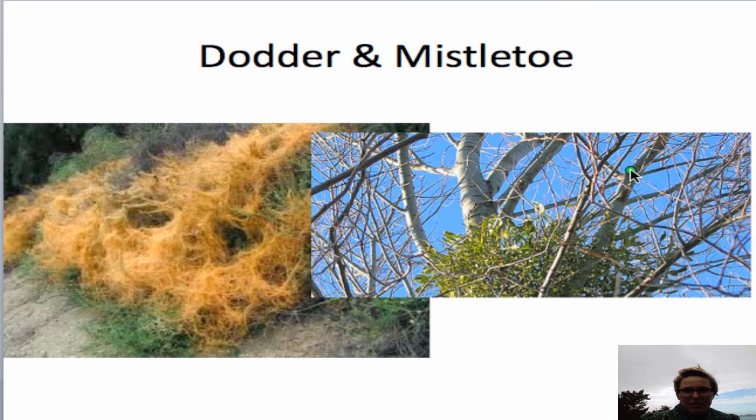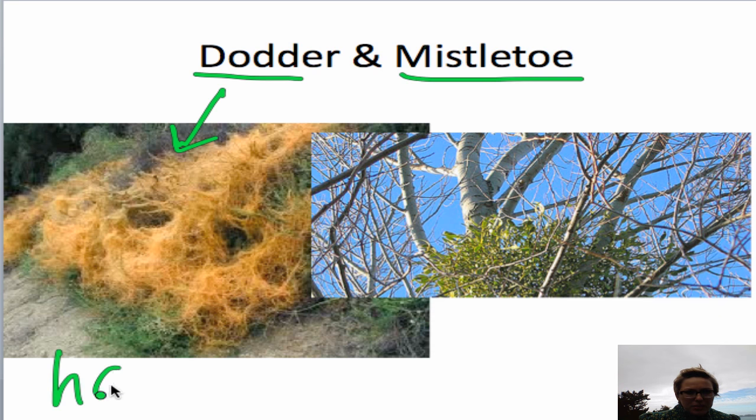Another example of parasitism are two plants. Actually, there's a whole class of parasitic plants, and they're quite interesting. This is a dodder right here, and you can actually see this in our county. If you head out like the 58 towards California Valley, dodder is a parasitic plant, and it uses these little filaments called haustorium.